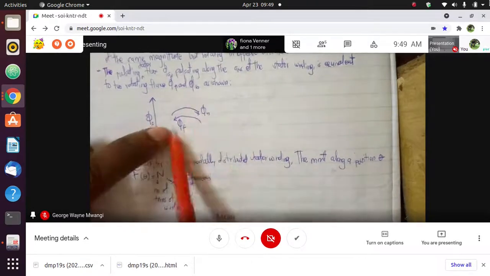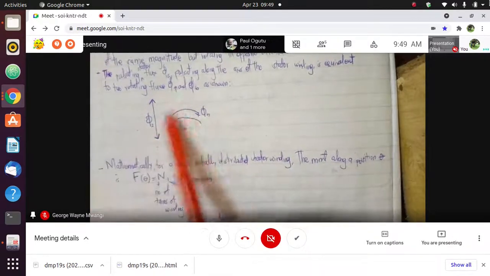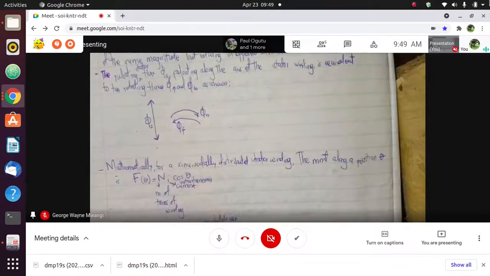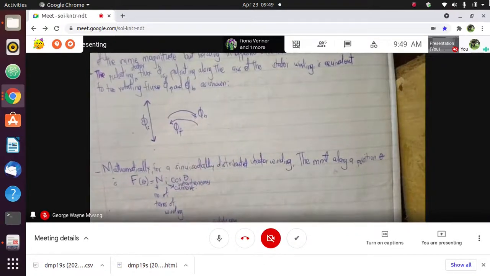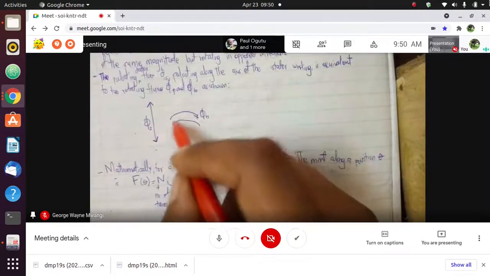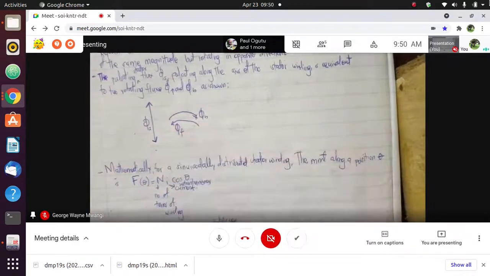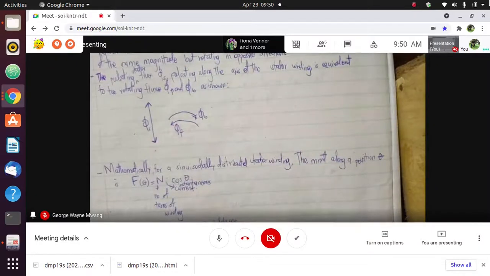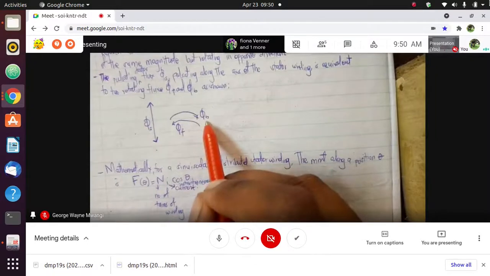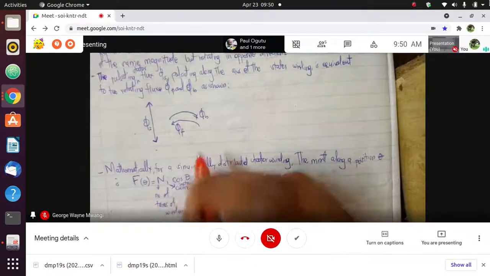Now the effect of these two revolving fluxes is that our motor can be seen as having two rotors. The forward flux will influence the rotor in a particular way, and differently from the backward flux, and we see this when we include slip.